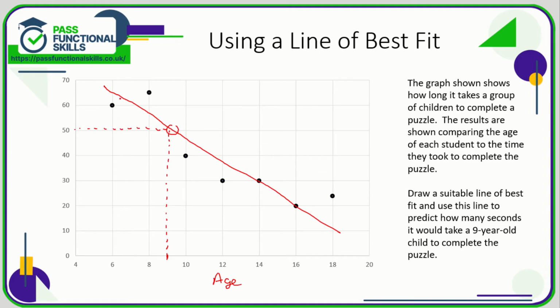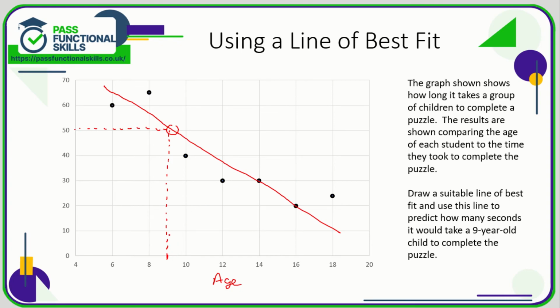Now, since there are many ways you could do the line of best fit, your line of best fit will look very similar to this, but your reading for 9 might not correspond exactly to mine. So there's not going to be one perfect answer here. If this was a question in an exam, the exam board would accept a range of answers for sure.